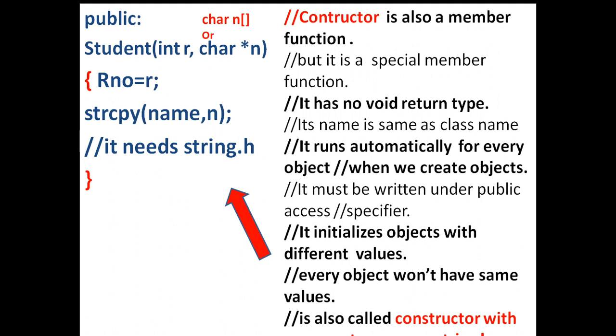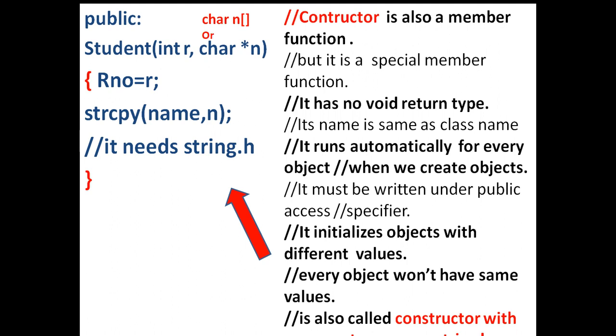The value of r will be stored into the rno data member and the value of n will be stored into the name data member. So this constructor will always receive two values, and the received values will be stored into the given data members in the following way: rno equal to r, and strcpy(name, n).